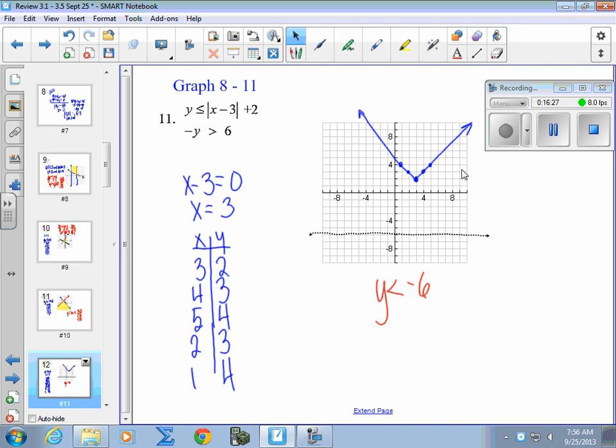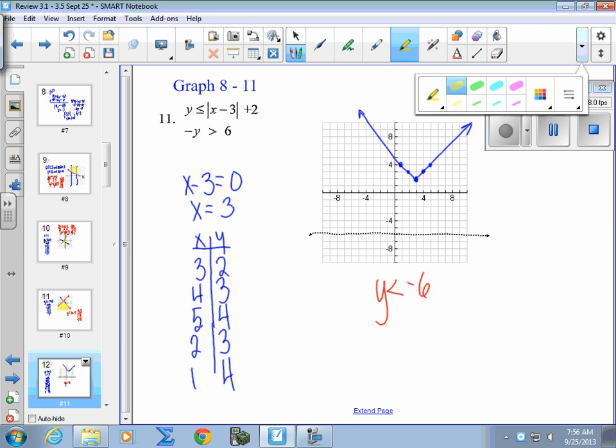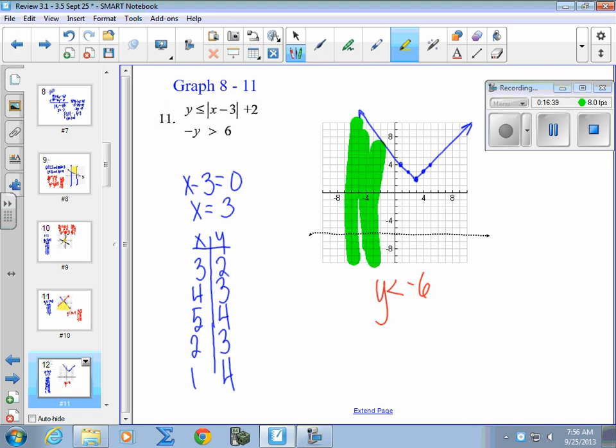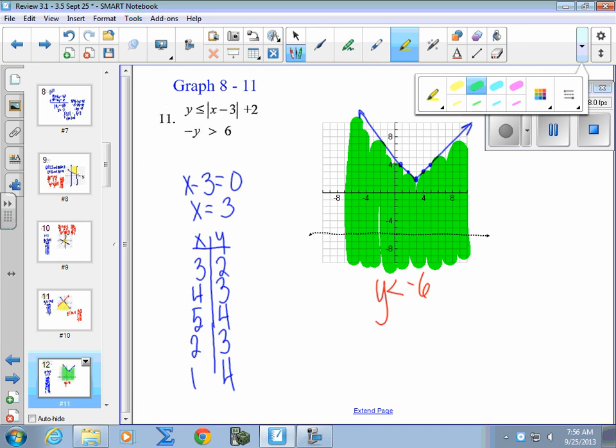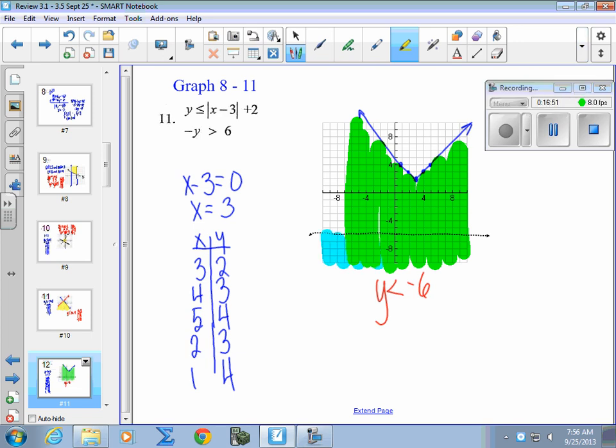We're also supposed to shade below the other line. So let's do this. We'll shade everything below the absolute value function, and then we'll shade everything below this line. Oh, that's not coming up, is it?